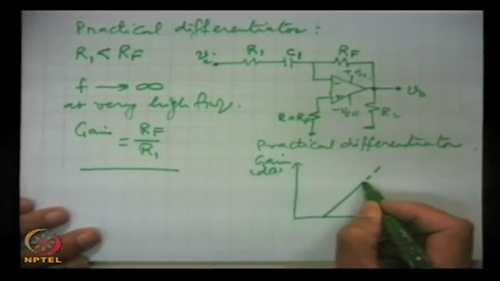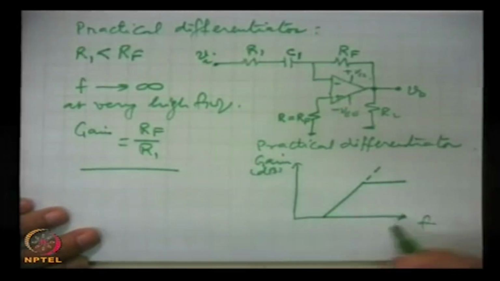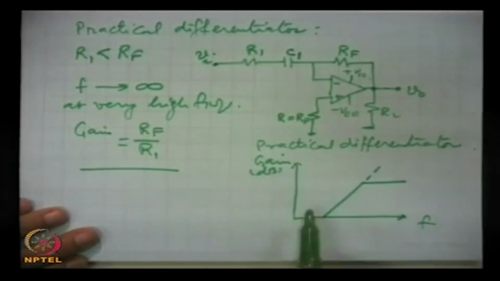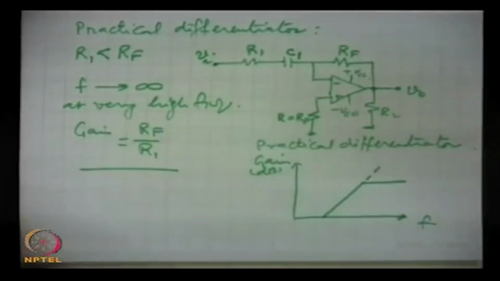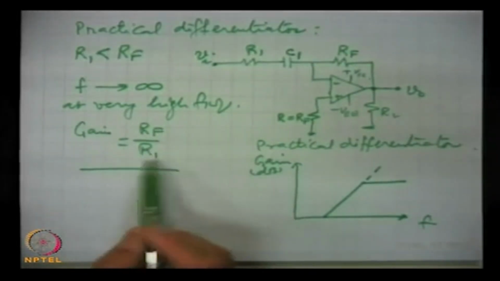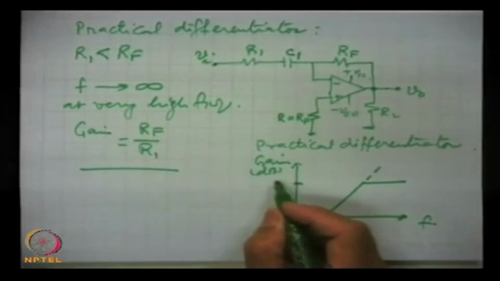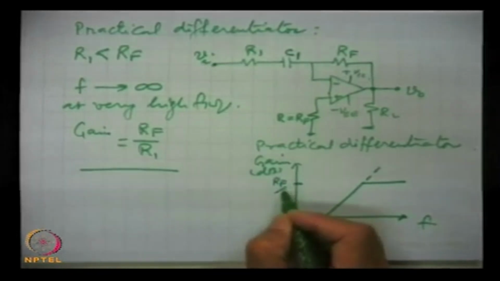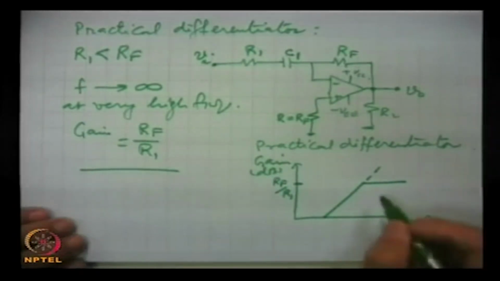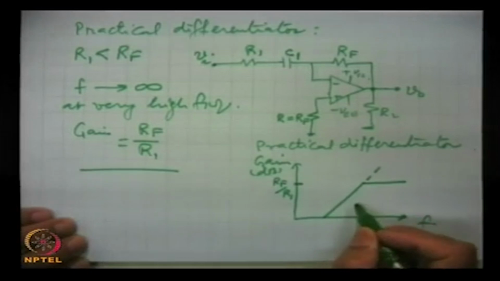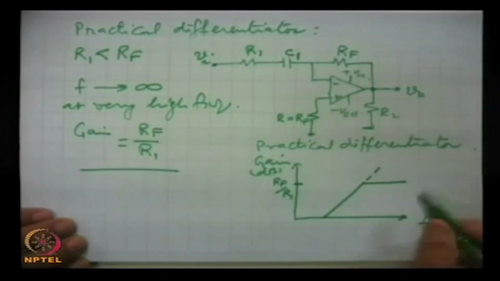Now here for the practical one, the gain will stay at very high frequencies when this capacitor almost acts as a short. At those frequencies, the gain will be this here. This is Rf by R1.